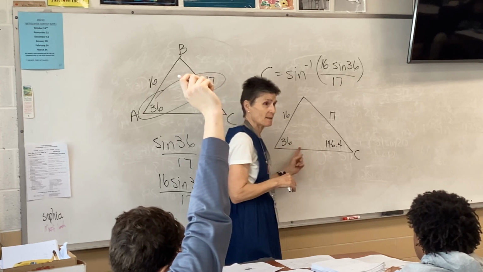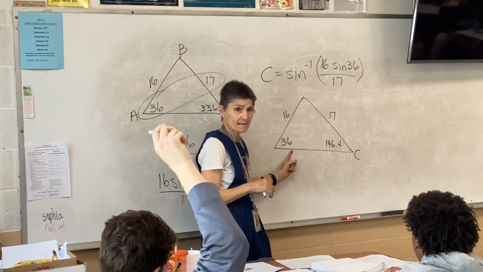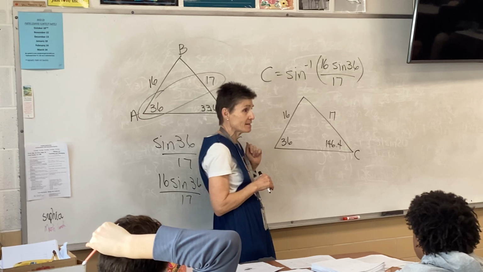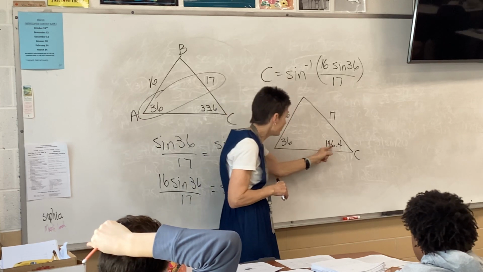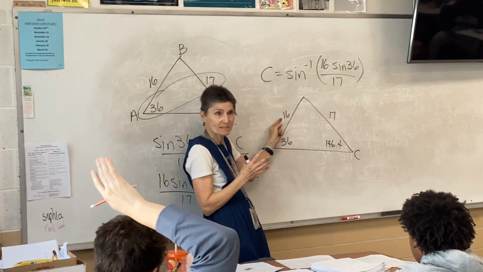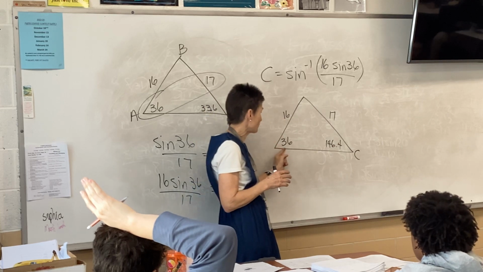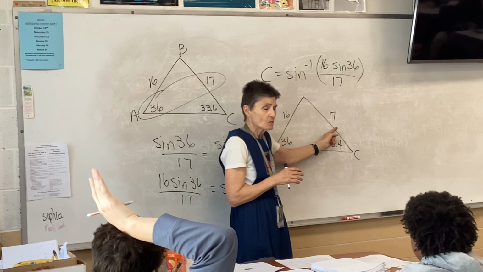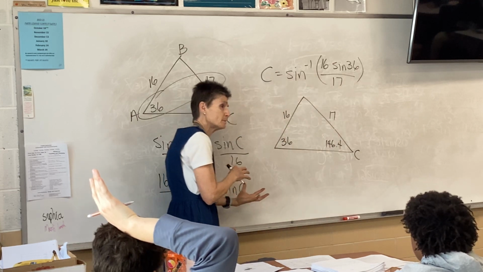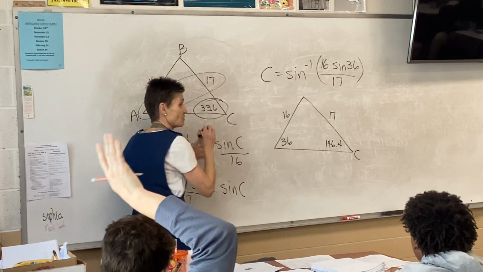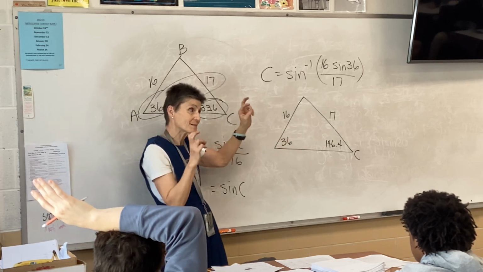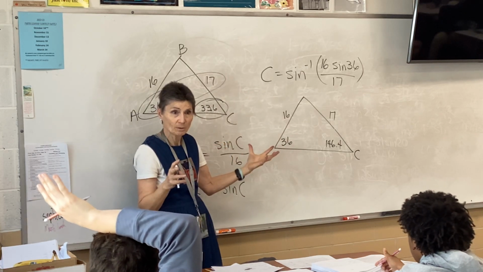First of all, that adds up to more than 180. And second, 17 is bigger than 16, so there's no way the 146 can be across from the 16 if 36 is across from 17. Would you agree with that? So in this problem, this triangle is fine. That angle is fine. But the second possibility isn't possible.